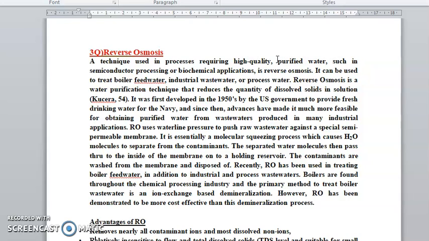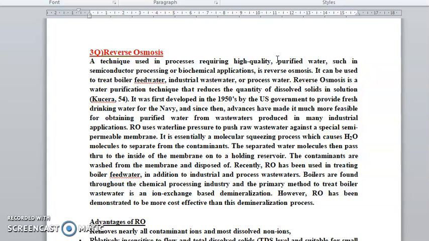It can be used for treating boiler feed water, industrial wastewater, and process water. Reverse osmosis is a water purification technique that reduces the quantity of dissolved solids in the solution.